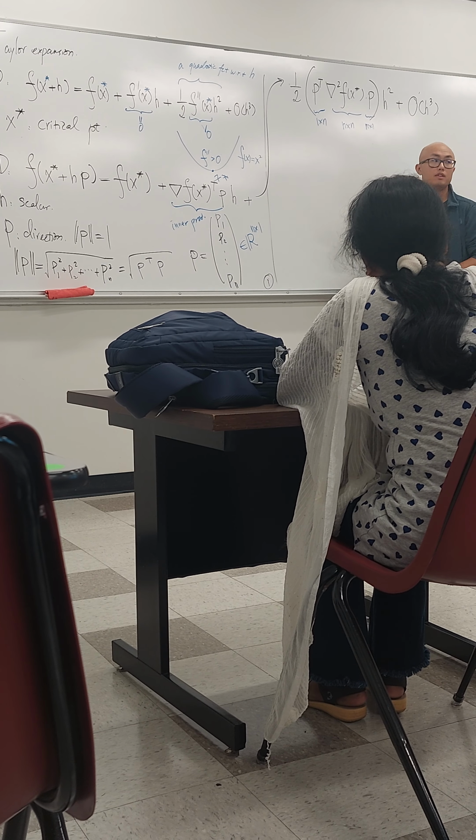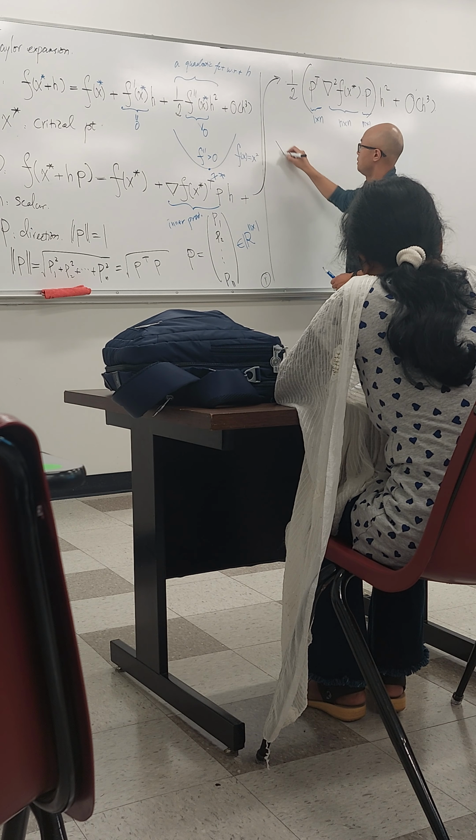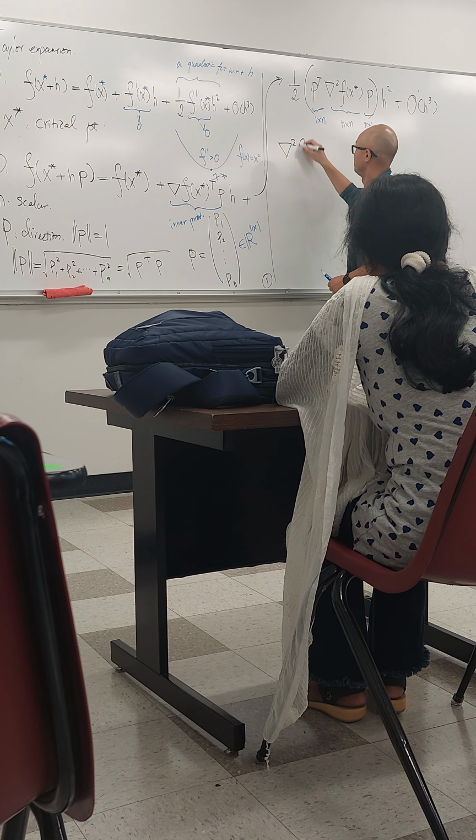So in today's class, we want to introduce something. First of all, let's formally define this. This is a matrix, and in n dimensions it encodes all the second derivative information with respect to each variable.